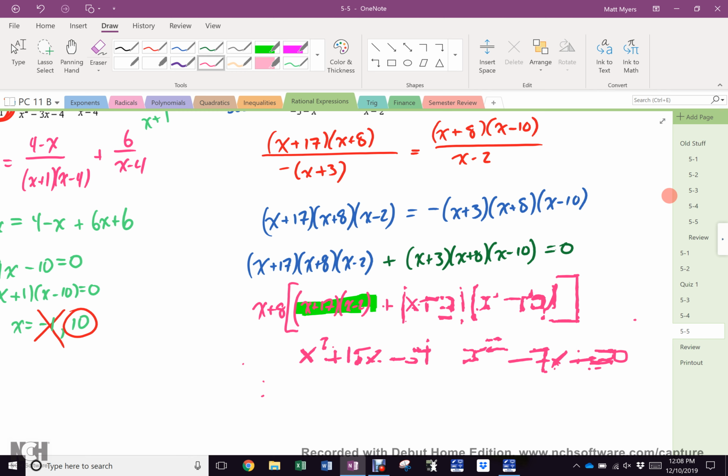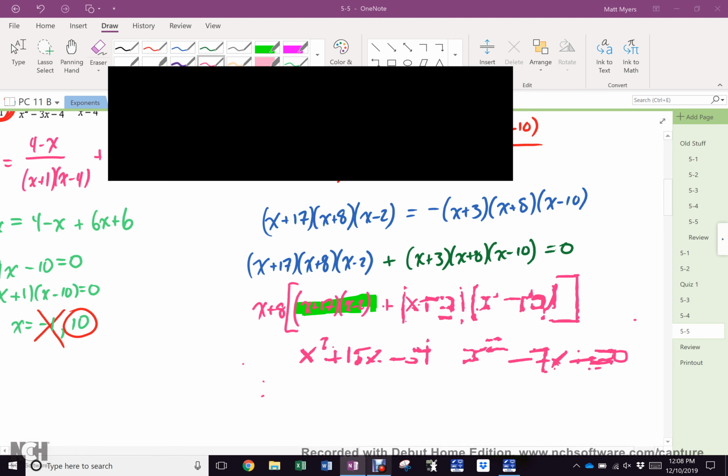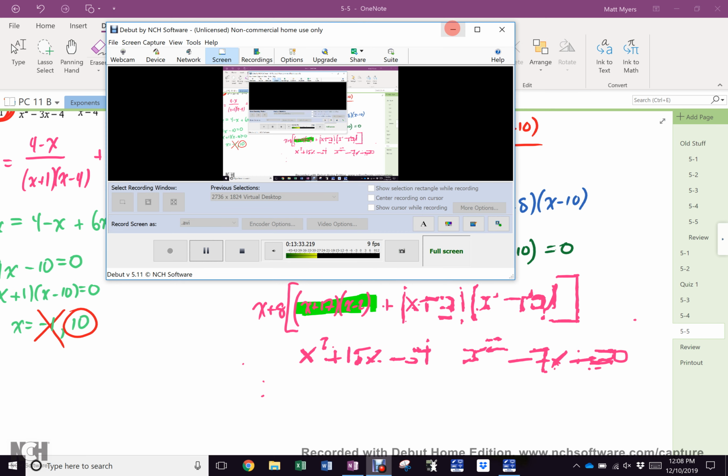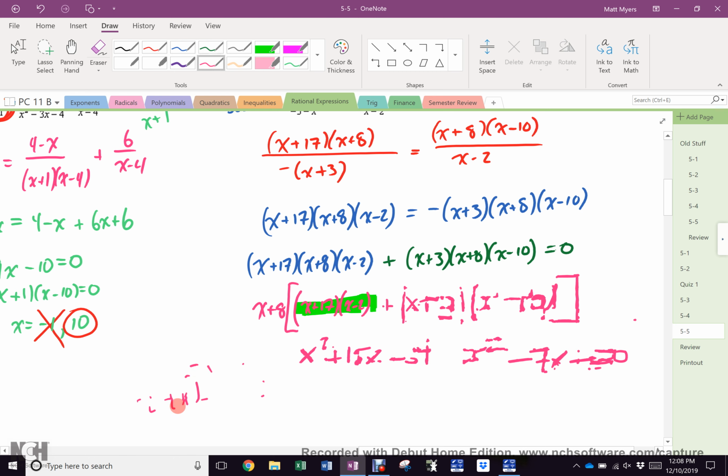Collect those like terms and see what happens. I'm going to have to restart the computer, so we'll just finish here.